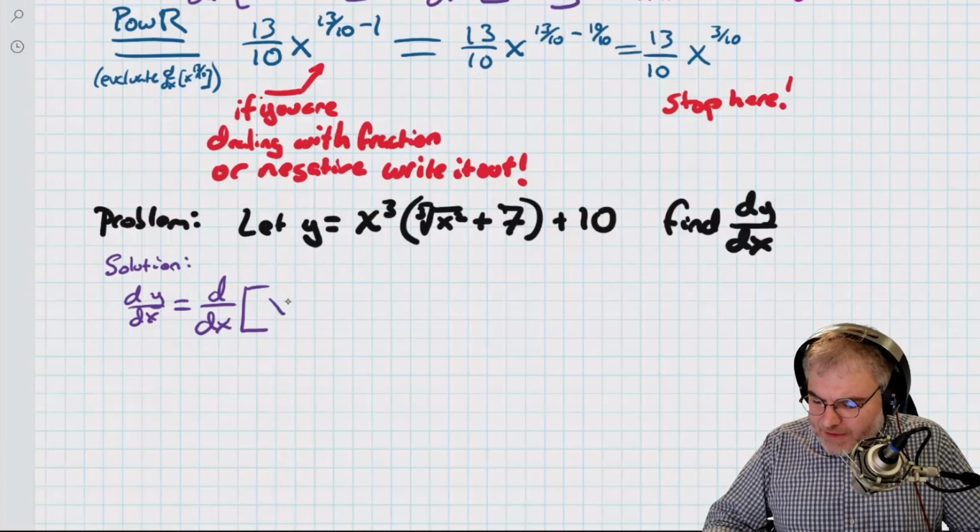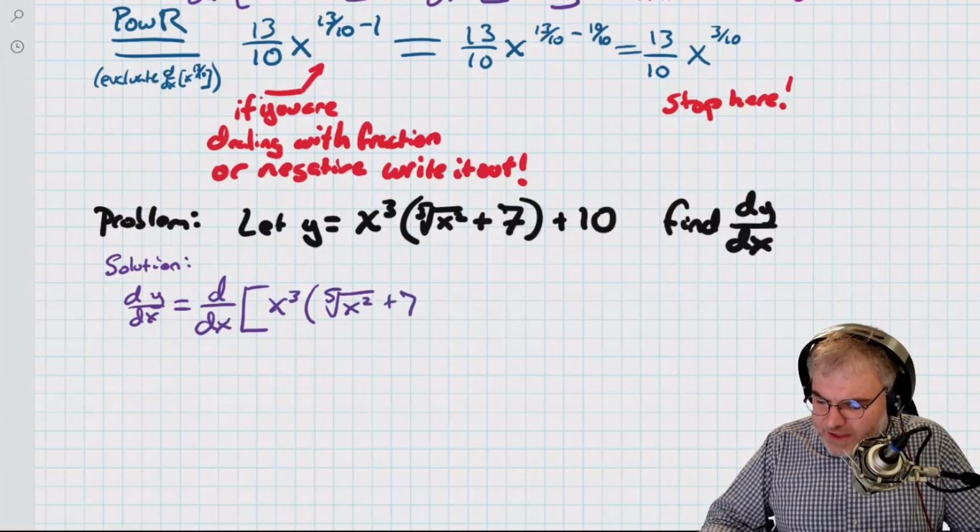But I'm going to write it out. x cubed times the quantity, the fifth root of x squared plus 7, and don't forget the 10. I'm going to convert first.